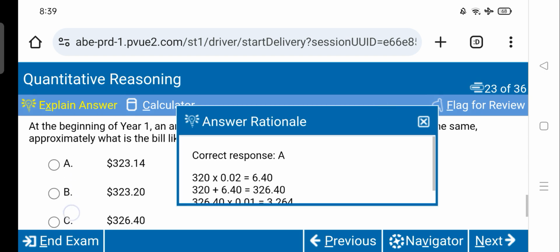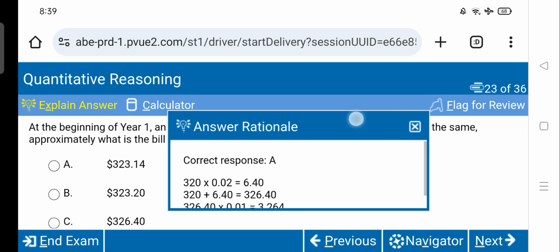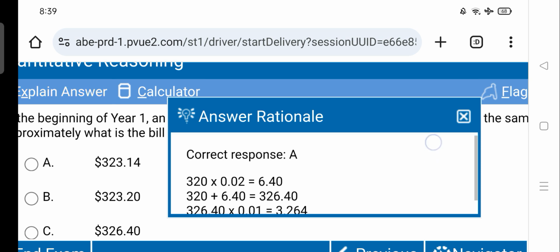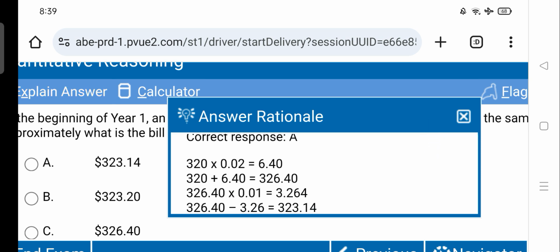So the correct response is option A, that is 320 multiplied by 0.02 equals 6.40. 320 plus 6.40 equals 326.40, and then you can multiply it by 0.01, which equals 3.264, and then when you subtract this, 3.26, you will get 323.14.